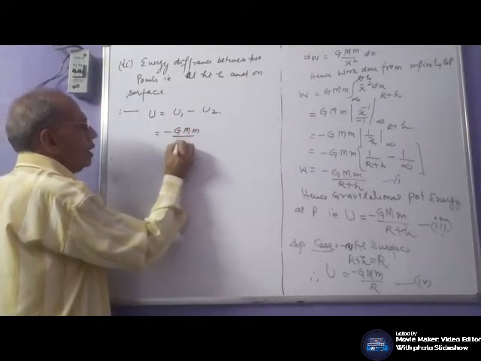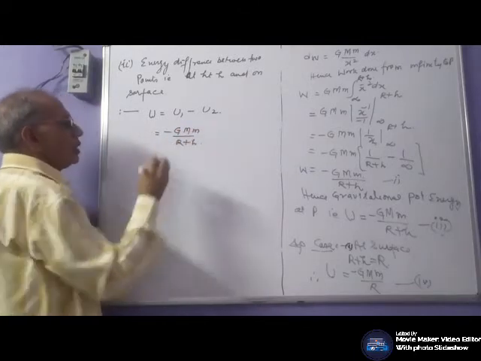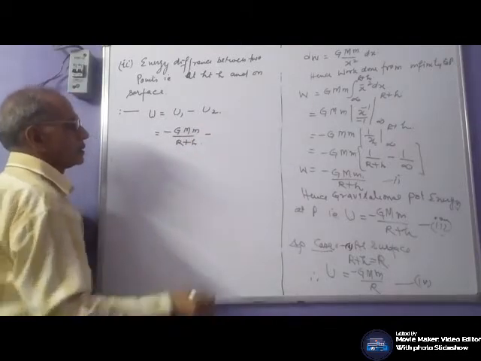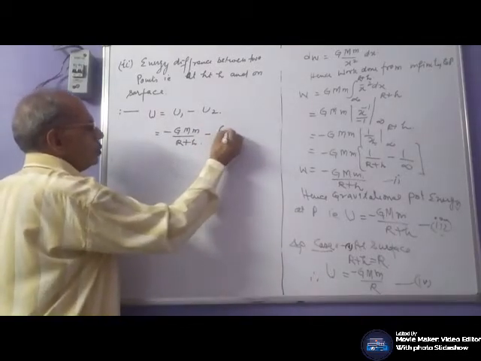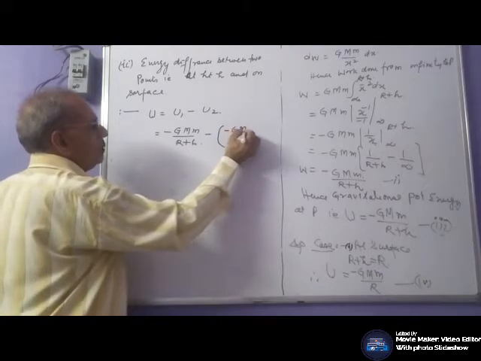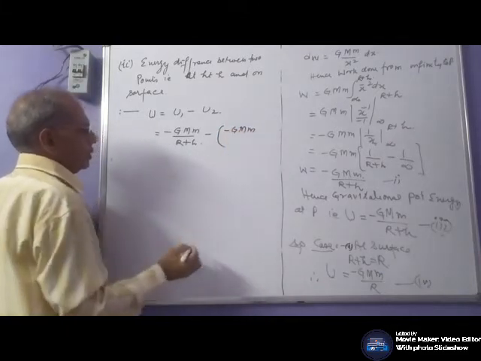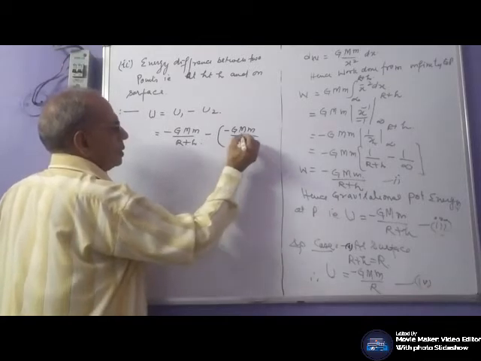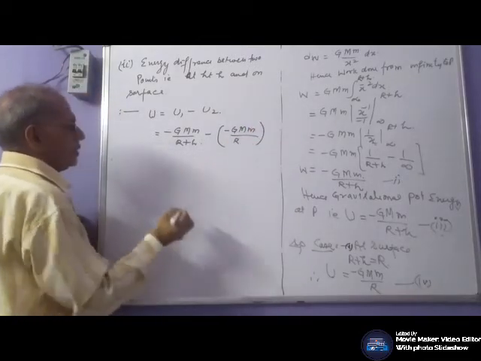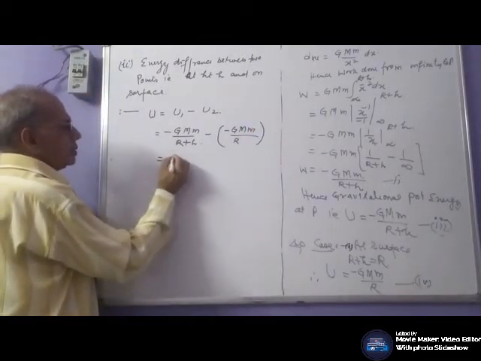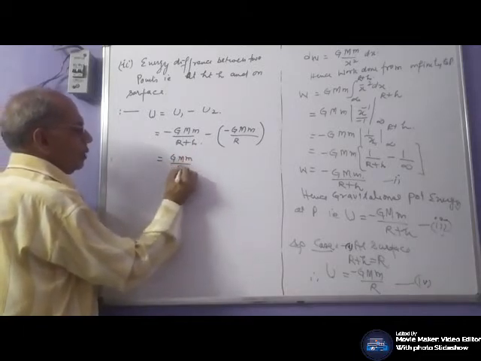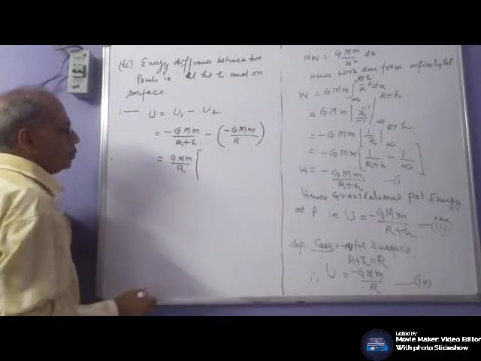U1 is minus GMm by r plus h at a height, minus U2, which is minus GMm by R on the surface. So G, M are common, R also common.